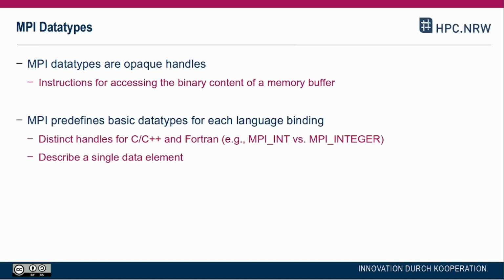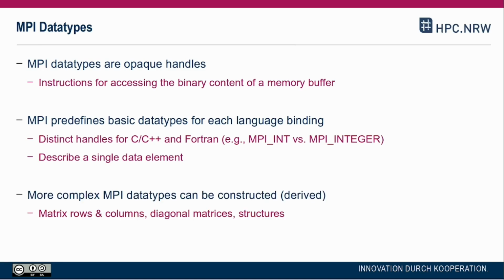So they describe a single data element, and we can construct or derive more complex data types, and we have an interface for that in MPI. For example, if we have a matrix, this common example, which is also the example we'll have in the exercise, where we have rows and columns, we sometimes want to have the diagonal of a matrix, because that's the one of interest for sparse matrices, for example.